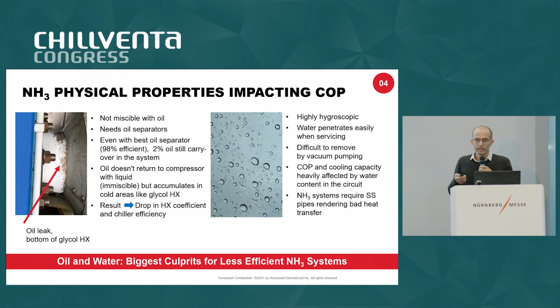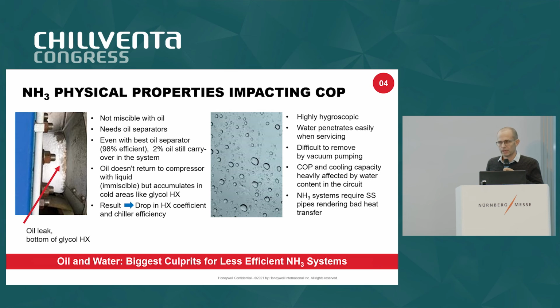This complicates the use of ammonia in installations a lot, and it will decrease the performance of chillers using ammonia. And there is also a problem of miscibility of oil with ammonia, and we have to put in oil separators, which are not 100% efficient, and then oil can go through the system and accumulate in heat exchangers and so on.